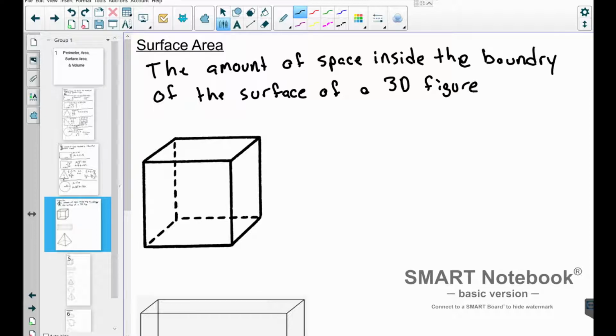So really, what surface area is in a nutshell is you get the area of all sides, all faces of this 3-dimensional object, and you add them together.